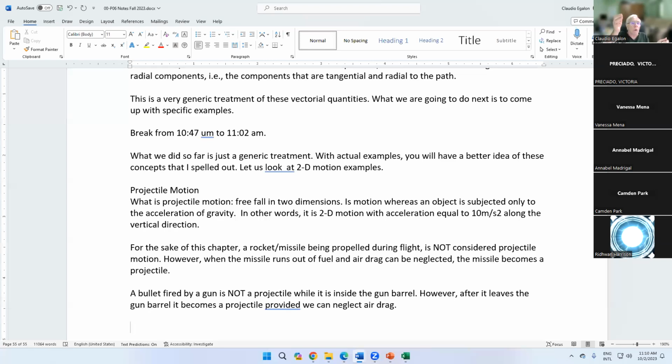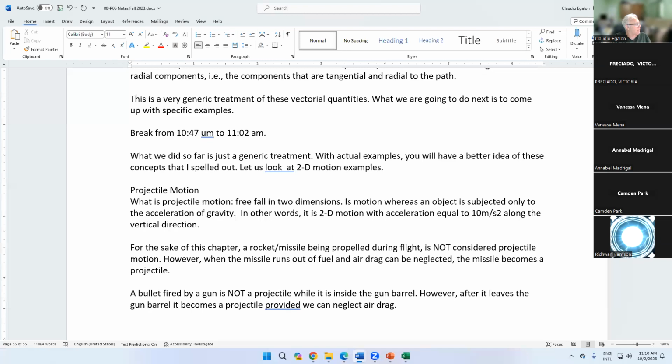The moment I release my hand from the object, this object becomes a projectile. While I'm still in contact with this object during the time that I'm propelling it, it's not a projectile. But the moment it leaves my hand, it becomes a projectile. Those are examples of projectiles.